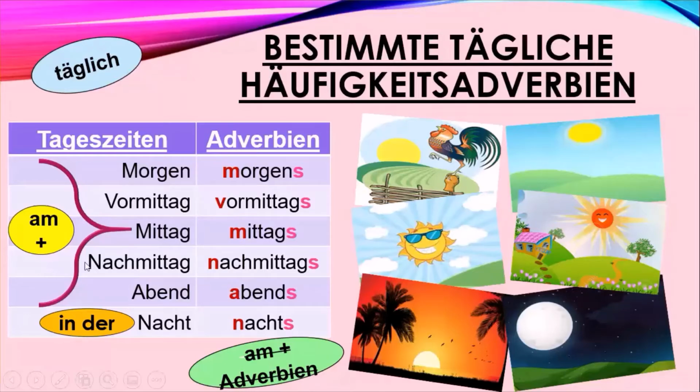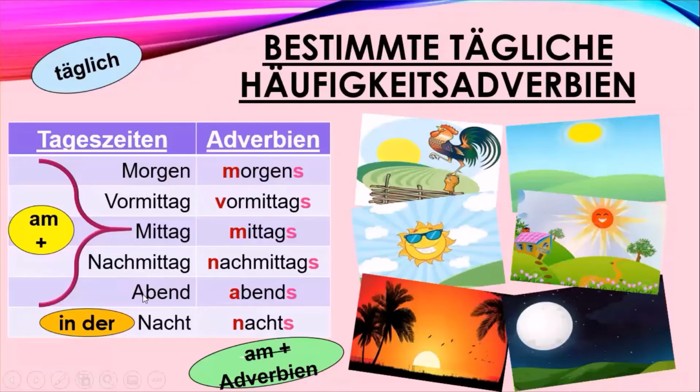Then this four-letter word nach can have many meanings in the German language, but in this context, nach is after. So after midday is afternoon. So this is how you can remember this word, Nachmittag. So Mittag is between 12 to 2 o'clock and Nachmittag is between 2 to 6 o'clock.